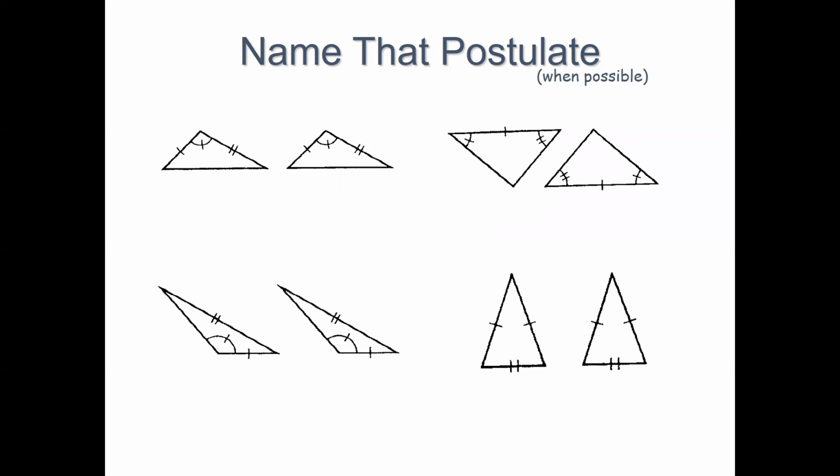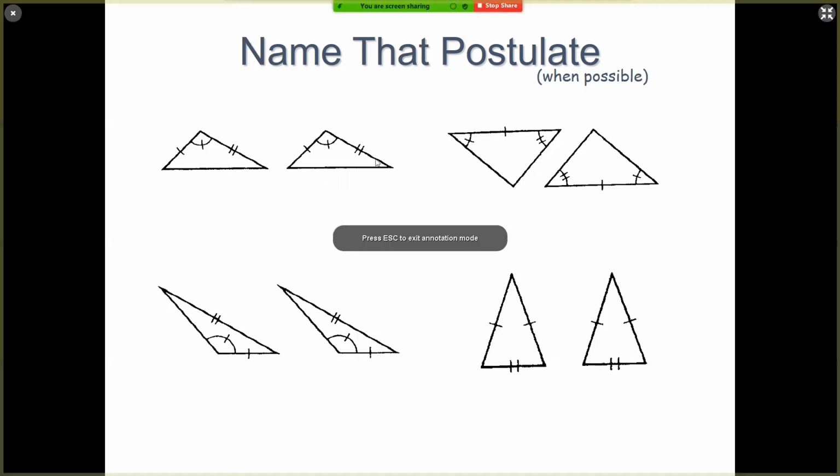I'm telling you, you have two congruent pairs of sides and one congruent pair of angles. What do you think it is? SSS, ASA, SAS, AAS, or HL? So if you have two sides and one angle, the angle's in the middle, or included between the two sides, it's going to be SAS.